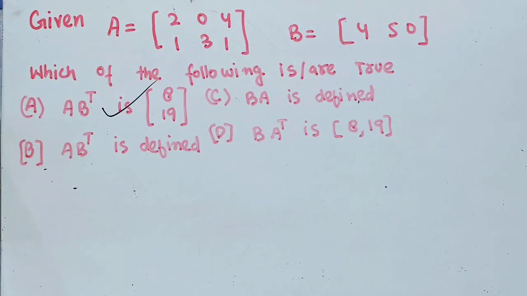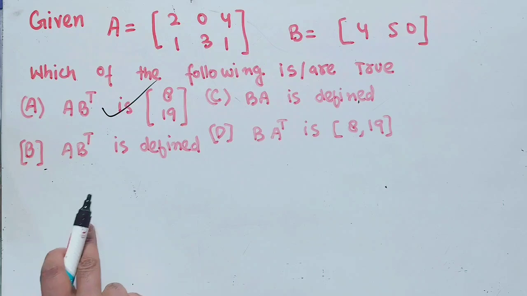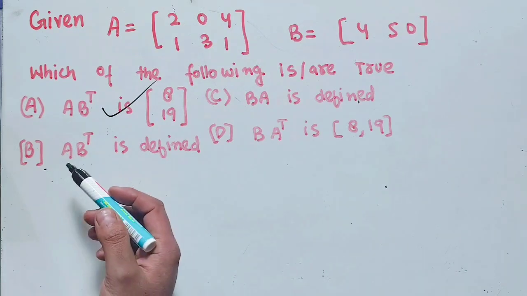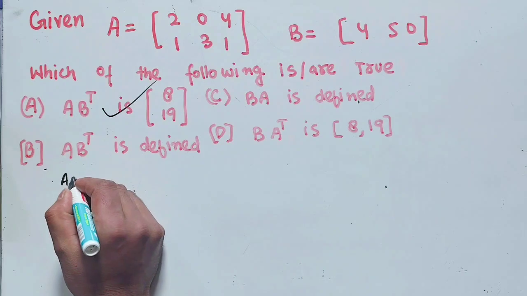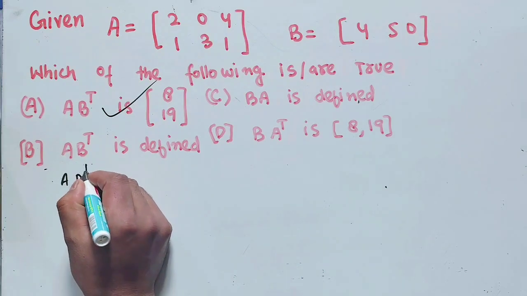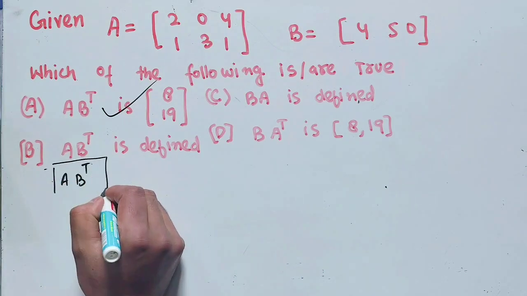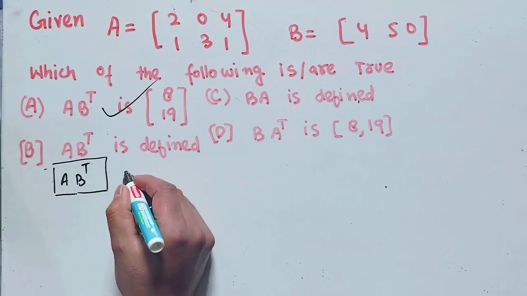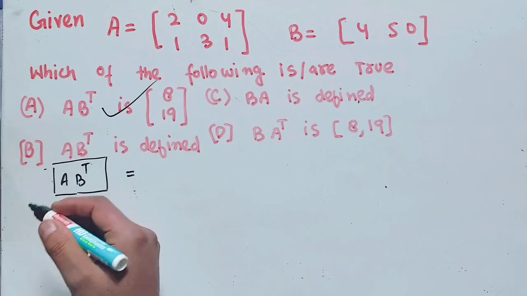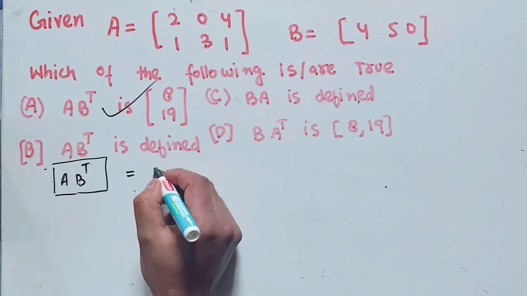The second says AB transpose is defined. As I have told you earlier, since A times B transpose, that is the product of A and the transpose of B, the product of these two matrices is conformable.